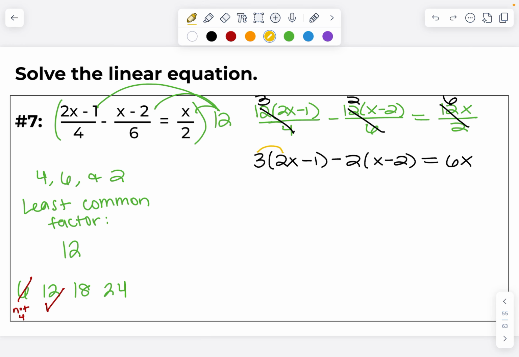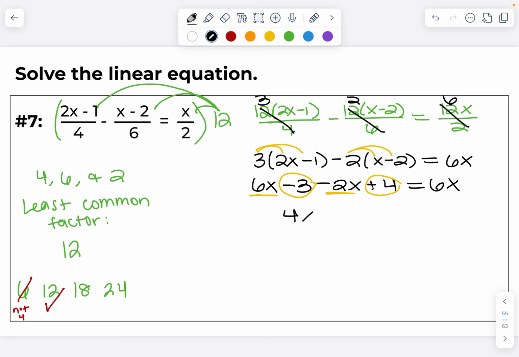Oh man, I don't know what my iPad is doing. Okay, so when we distribute here, we get 6x minus 3 minus 2x plus 4 equals 6x. We can combine like terms, so we've got a 6x minus 2x, and then a negative 3 and a positive 4 that can be combined. So this would give us 4x plus 1 equals 6x. Now, I usually say x is to the left, numbers to the right, but I already have a number on the left and I don't have any numbers on the right.